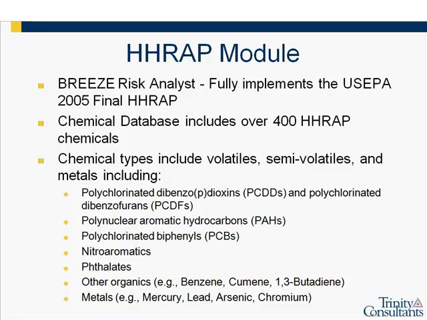The chemicals that are included, especially the 204 that have all the parameters required to run an analysis, include these groups that are listed here: your dioxins and furans, PAHs, PCBs, nitroaromatics, a lot of other organics, benzene, cumene, 1,3-butadiene, and then metals, mercury, lead, arsenic, chromium, hexavalent chromium. It's all the ones you would typically see in a human health and ecological setting.